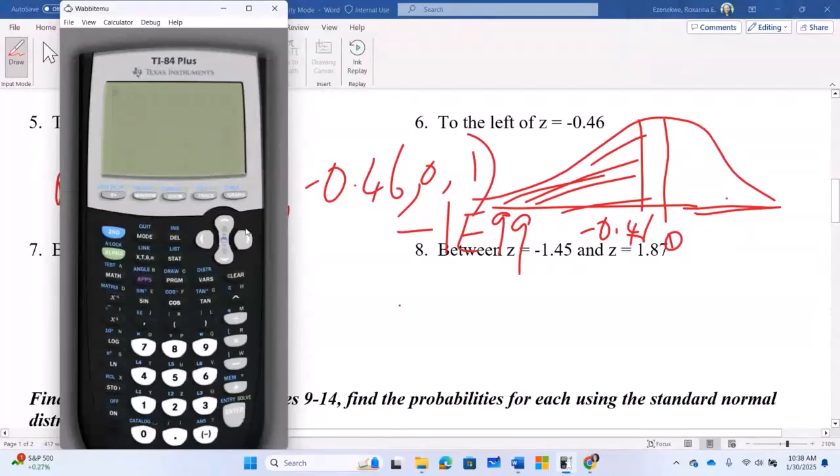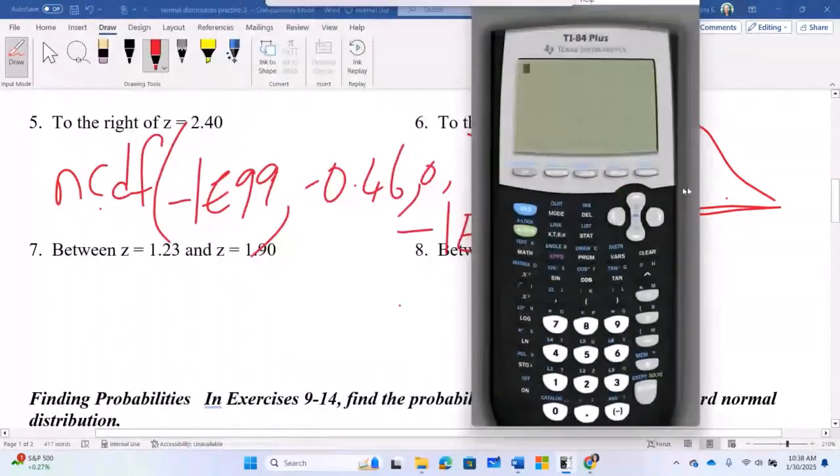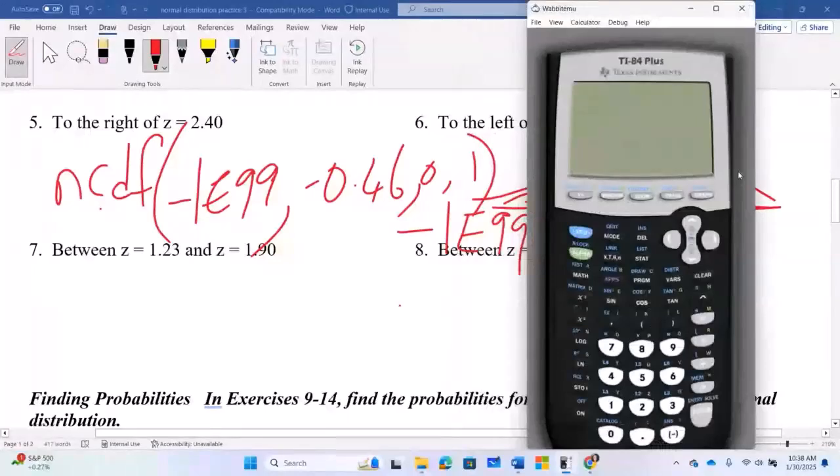Okay, so trying to find the area. I want to go to second distribution, number 2. The lower bound is negative infinity because it's smaller. Negative infinity is smaller than negative 0.46. So I'm going to type that in.